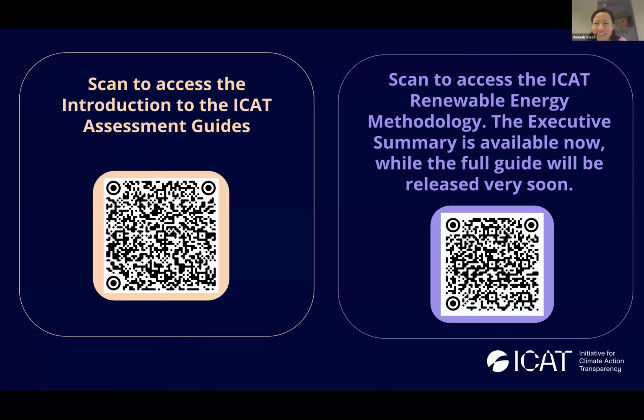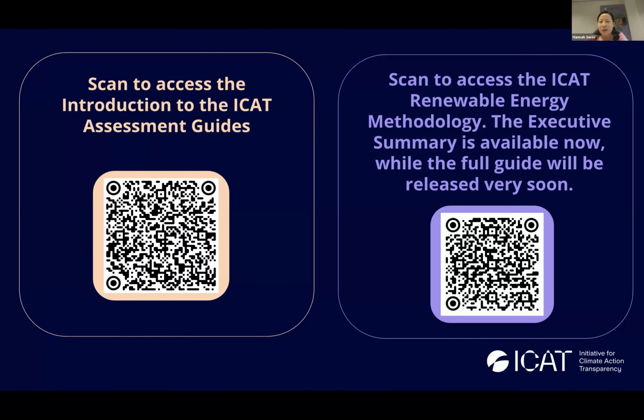Great. Thanks, Tripti, for the presentation and the overview of the guides. So I think Henning mentioned earlier the role of robust technical methodologies for policy impact assessment. And what your presentation has shown is how the ICAT methodologies, and in particular, we're looking today at the renewable energy methodology, translate these very technically robust processes into very clear steps that are easy to follow.